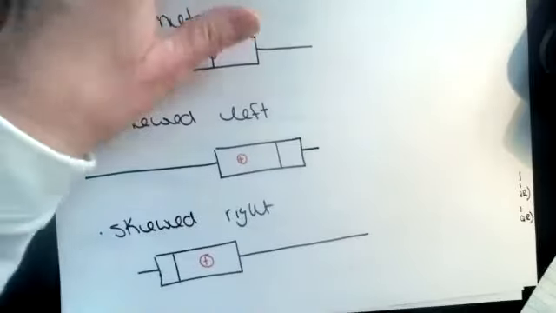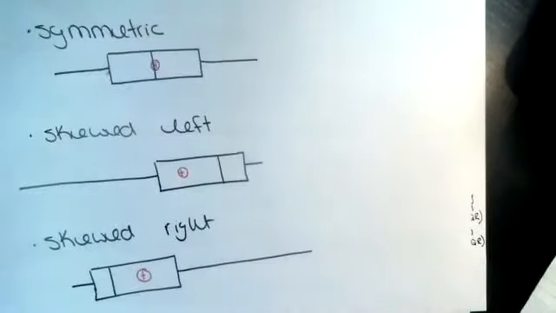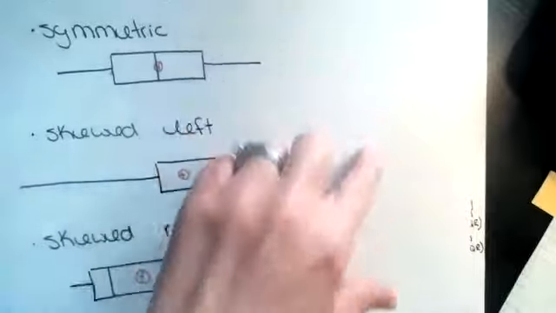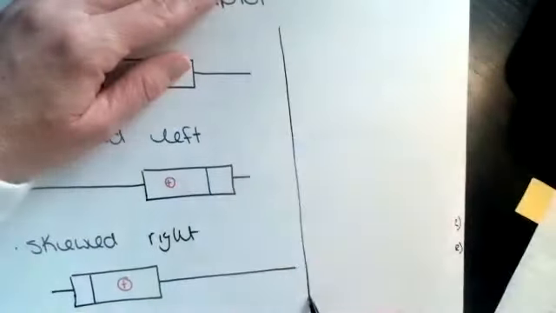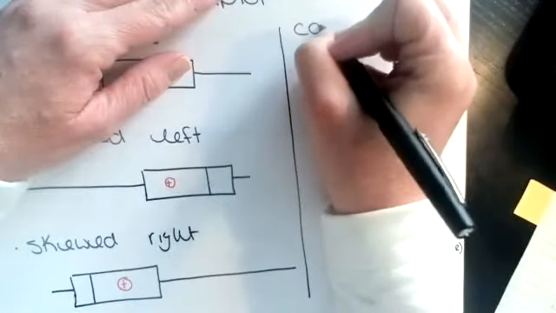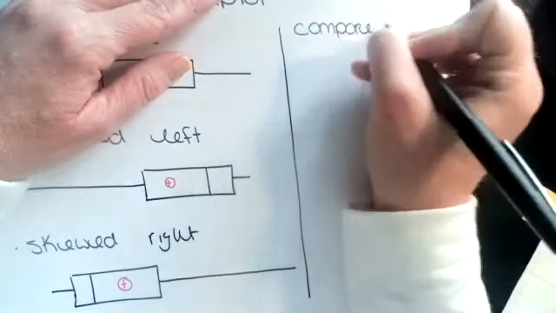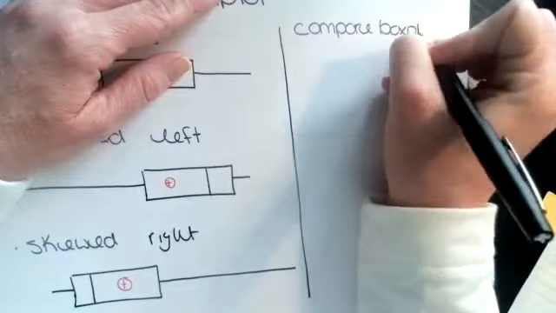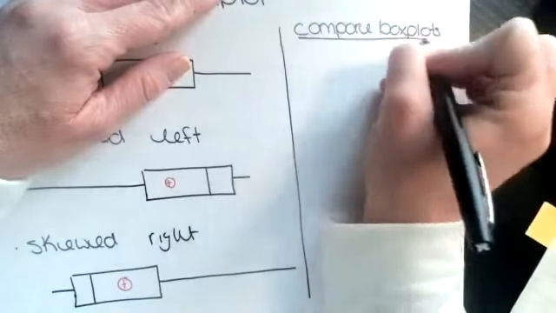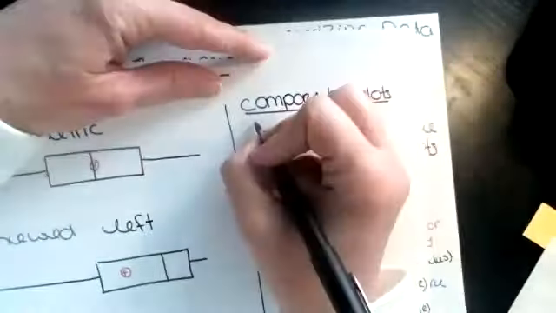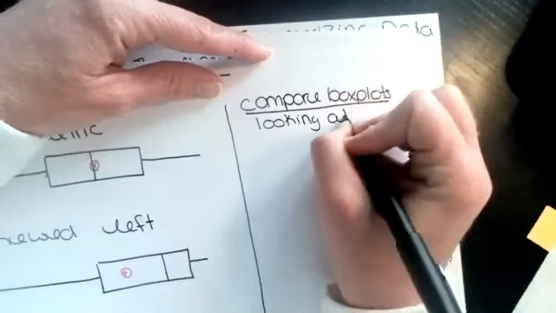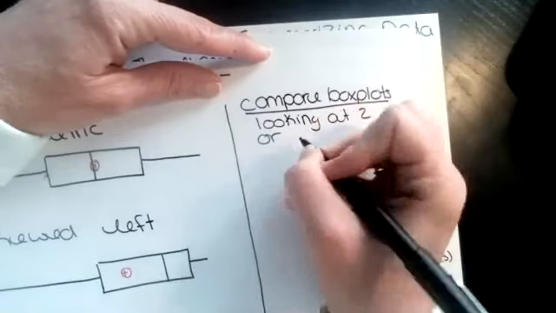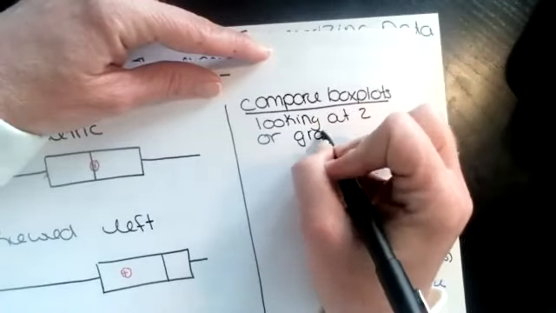When we're looking at box plots, we might compare box plots. So I'm just going to put this over here because I have some room. If we want to compare box plots, I have a few things for you to look at. What I mean by comparing box plots is when we're looking at two or more graphs.